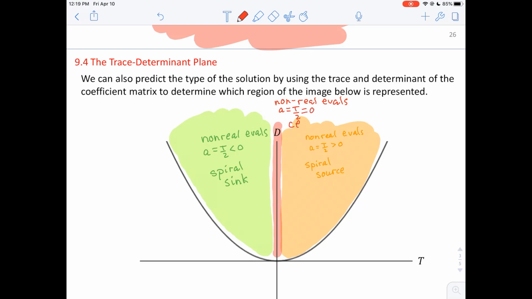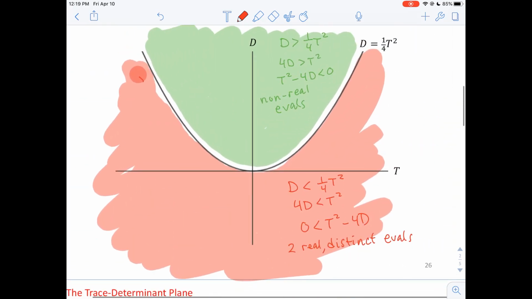And so we have the centers. The centers just meant the ellipses. All right, so everything that's above the parabola, we've parsed the different regions to get a little bit more fine-tuning of the different kinds of solutions we expect to see. Now let's look at the red blob here, when the discriminant is positive and we get two real distinct eigenvalues.